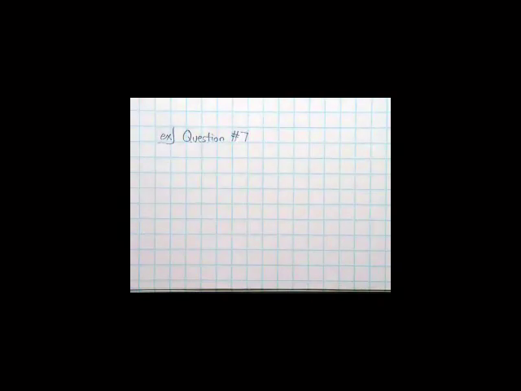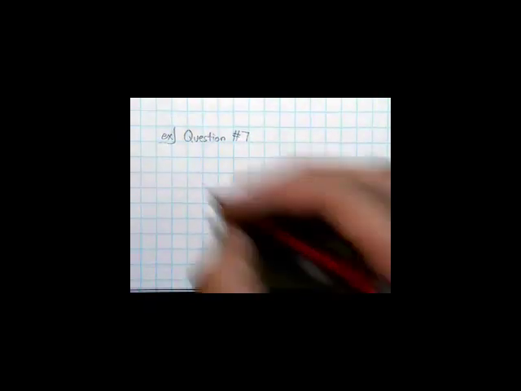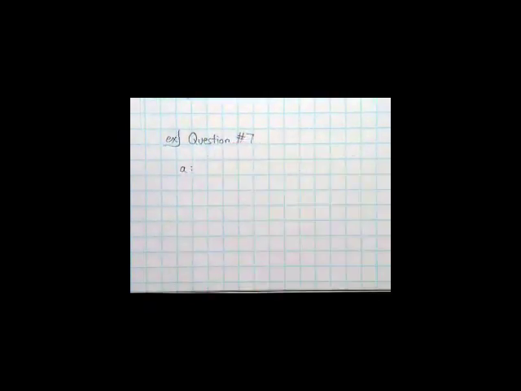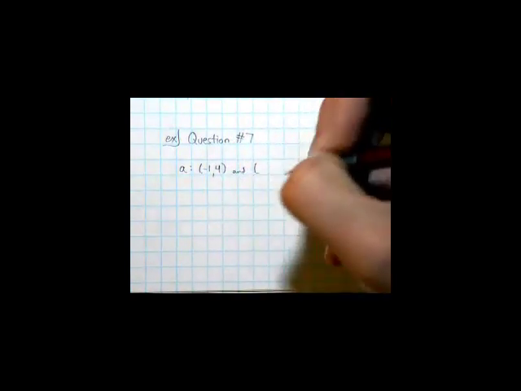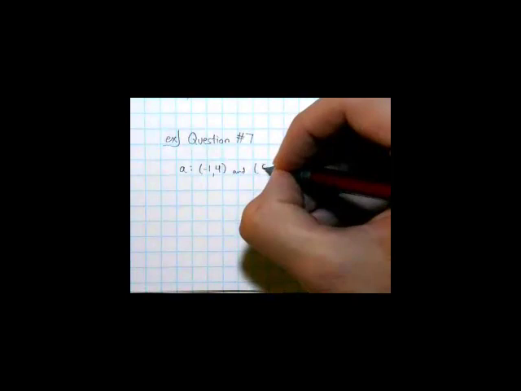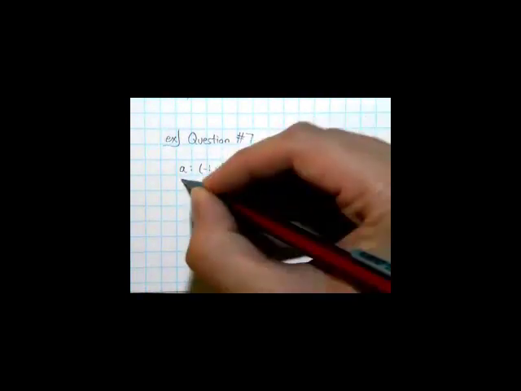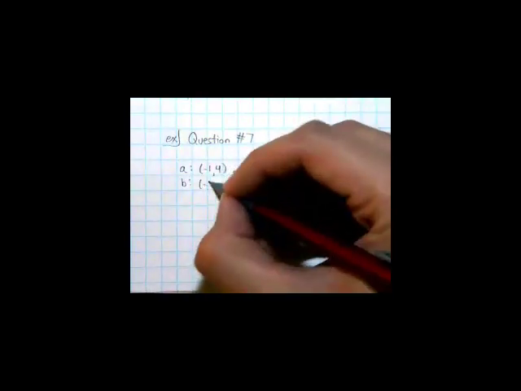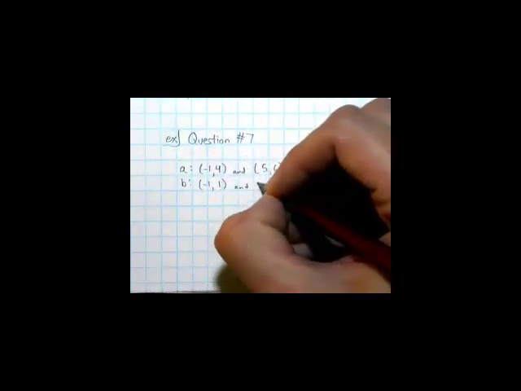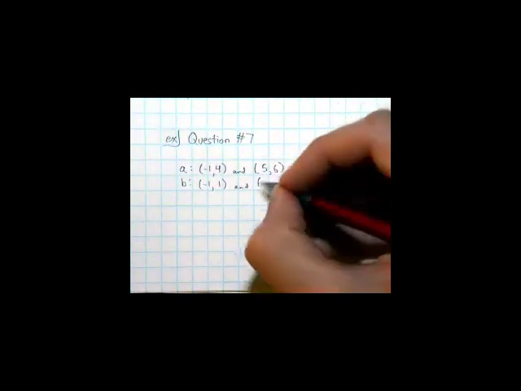And I'm going to write down, for each line that's in that picture, we're going to copy down the coordinates of the 2 points that you have. So for line A in that picture, that would be the blue line, we got -1, 4, and 5, 6. For line B, we have the 2 points, -1, 1, and 3, 2.